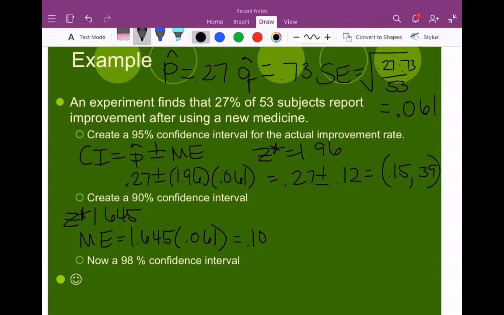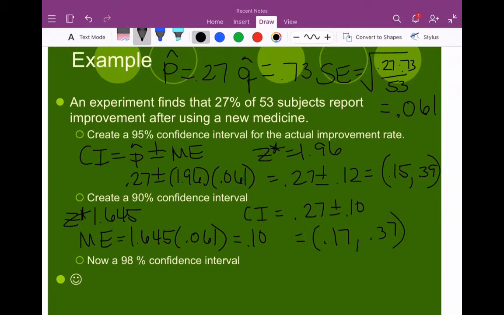So then my confidence interval is equal to my sample proportion plus or minus my margin of error. So I get a confidence interval of 0.17 to 0.37. Note when I became less confident, my confidence interval became more narrow and became less wide.